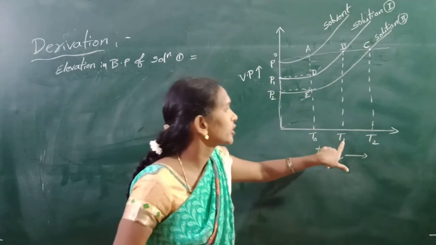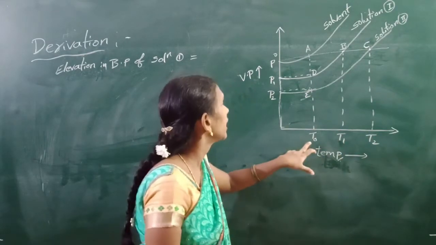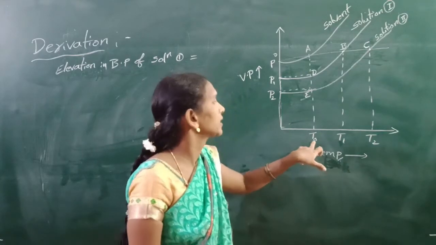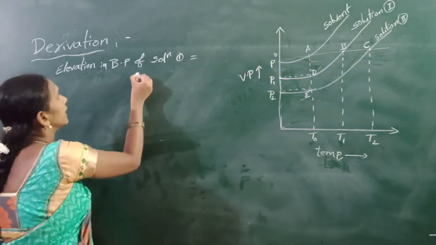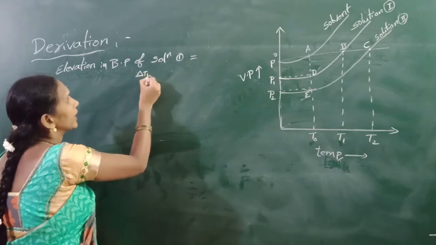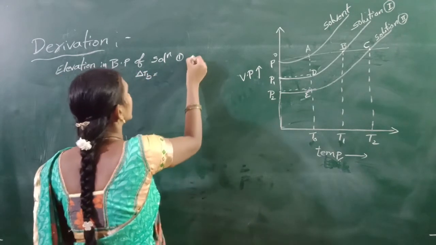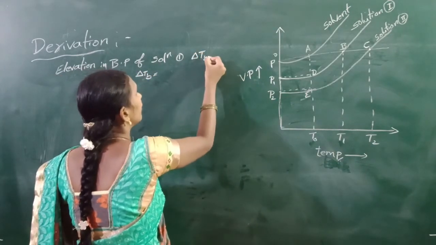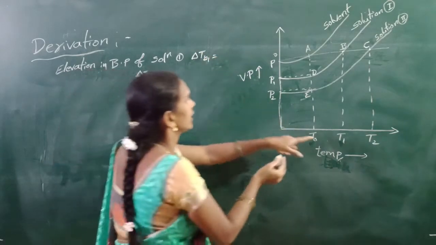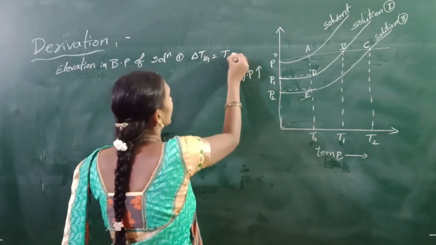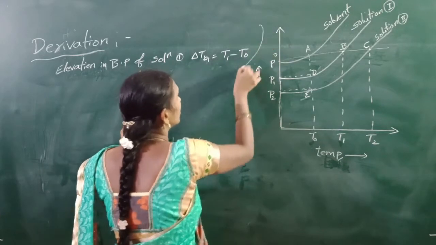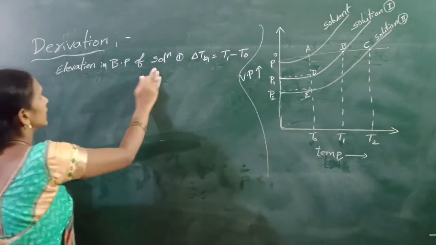The boiling point of solution 1 is T1 and the boiling point of the solvent is T0. That means delta TB1 is equal to T1 minus T0.